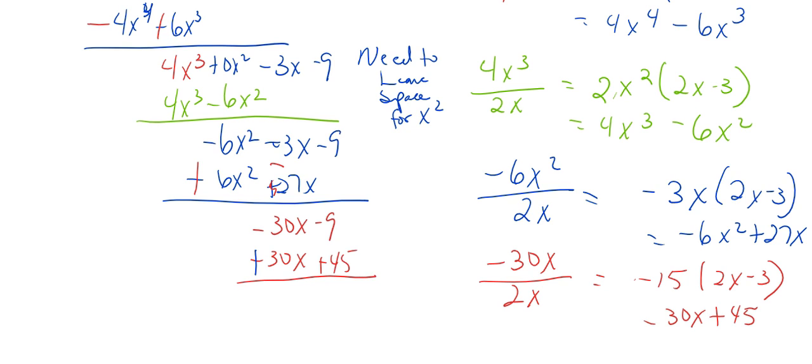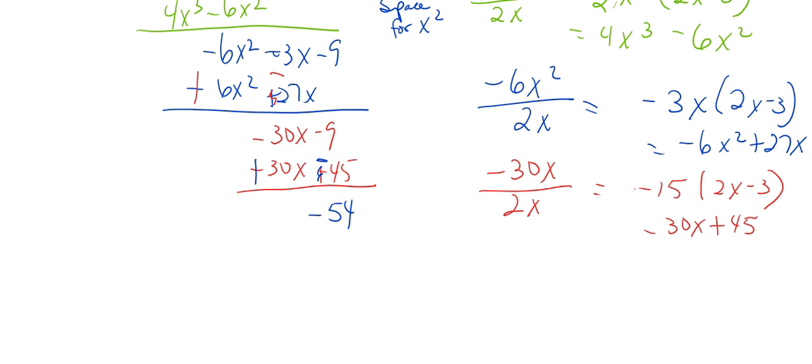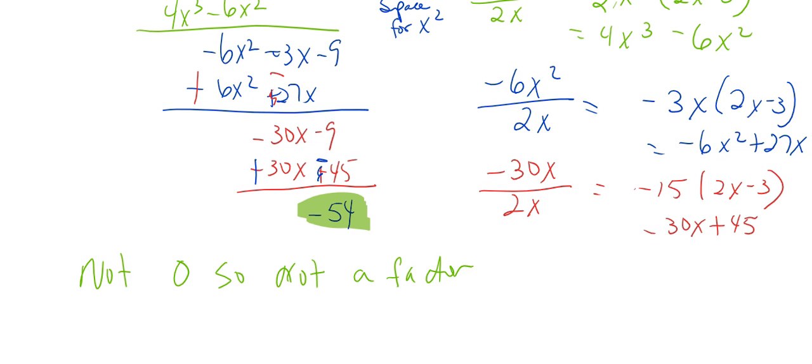And even when I change my signs, I can see that I'm going to have a remainder, which means that this is not a factor of our polynomial. Okay? Not a factor at all. Okay, so that's what we have.